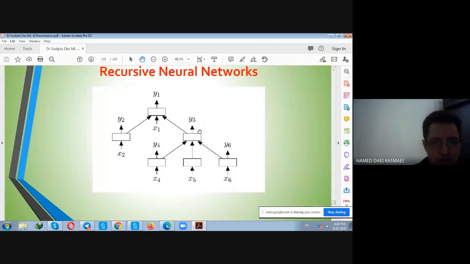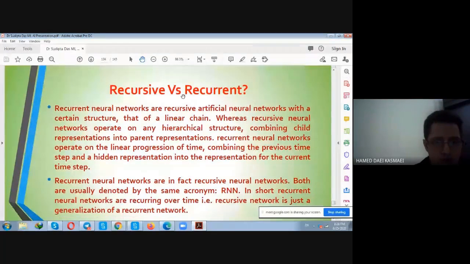So recursive versus recurrent: recurrent neural networks have a certain structure, that of a linear chain, whereas recursive neural networks operate on any hierarchical structure, combining child representations into parent representations, because the child and parent have some information, that heritage, that they keep and then use for different locations, different nodes, okay?